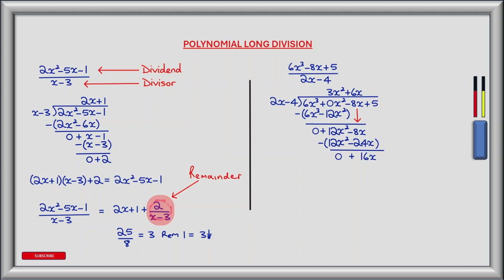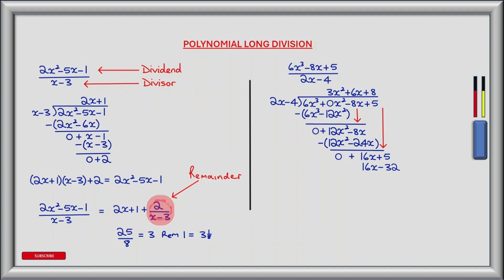And now subtracting 12x squared minus 24x from 12x squared minus 8x, so 12x squared minus 12x squared leaves 0, and minus 8x minus minus 24x gives us 16x. Bringing the value of 5 down, we're left with a new dividend of 16x plus 5.